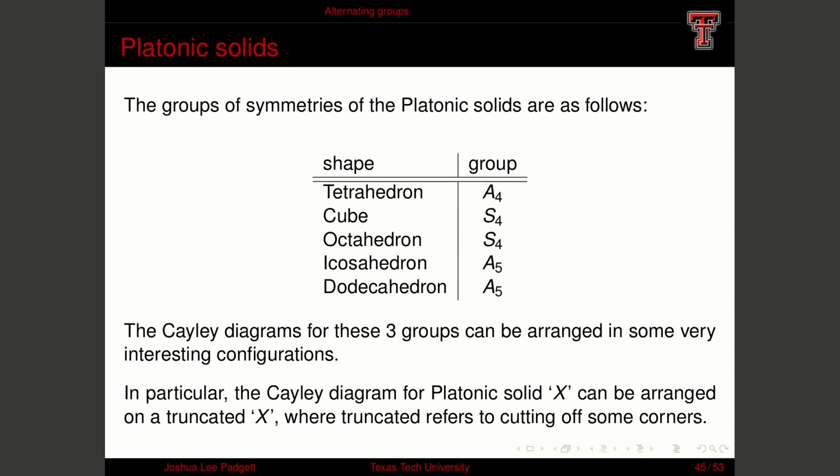Now, the Cayley diagrams for these 3 groups can actually be arranged in some very interesting ways. And let's say this is more of an interesting fact rather than, for our class, something that will be fundamentally important, but it helps us understand more about these groups. So the Cayley diagram for a particular Platonic solid X can be arranged on a truncated X, where truncated refers to cutting off some corners.